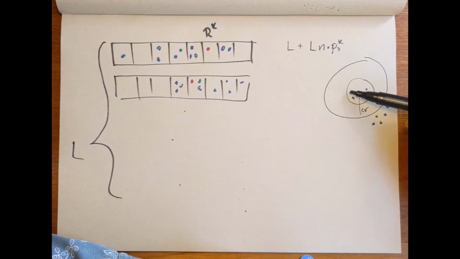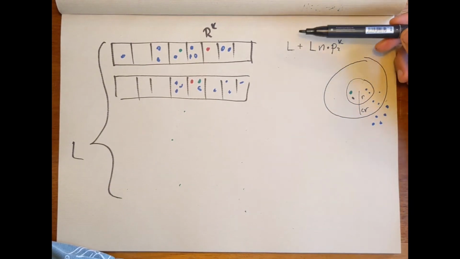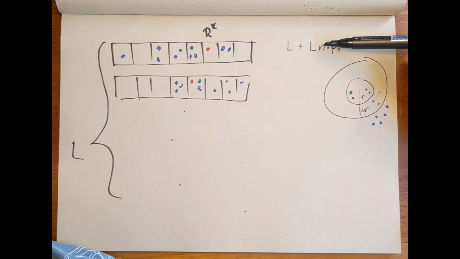So then in the worst case, we can assume that we don't find that. But we can also stop whenever we find something that's within distance CR, because that was the approximation that we allowed ourselves. So that's why in expectation, the amount of work we're going to do is L plus L times N times P2 to the K.